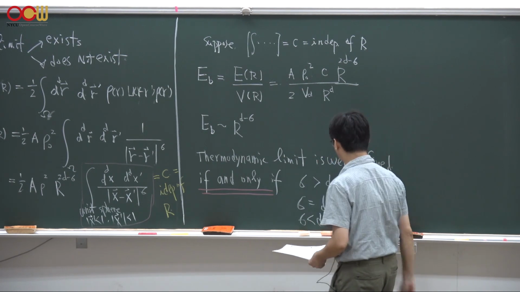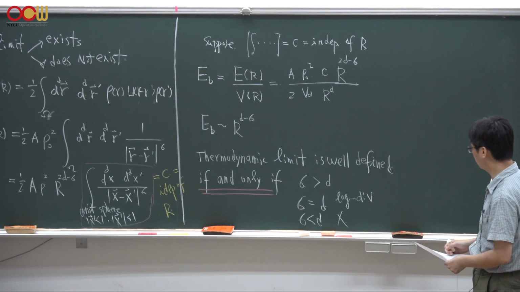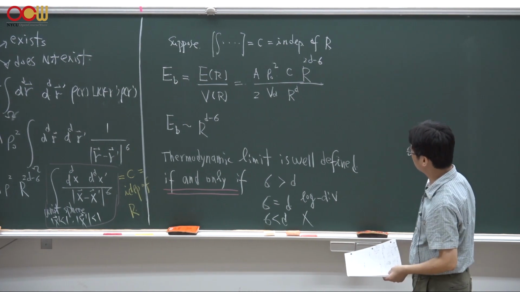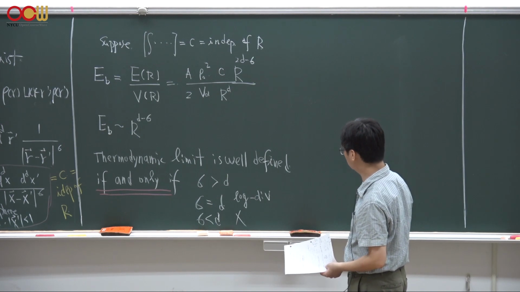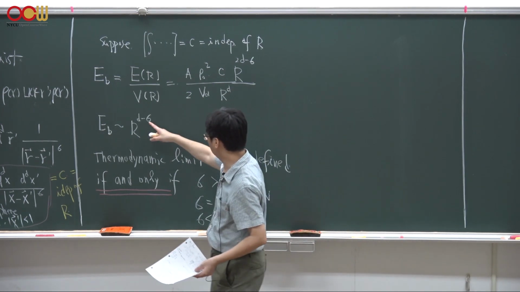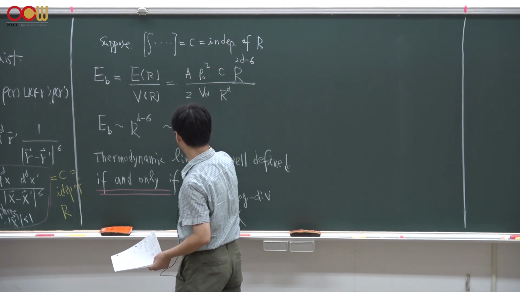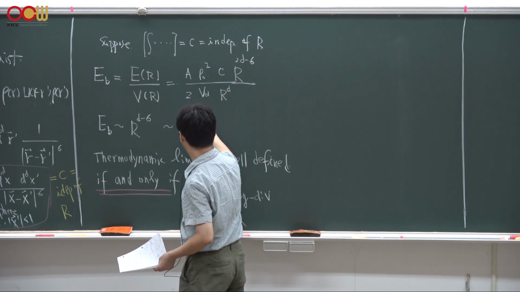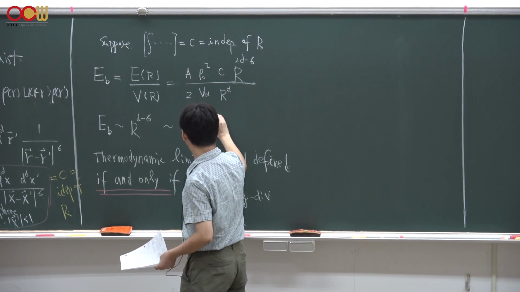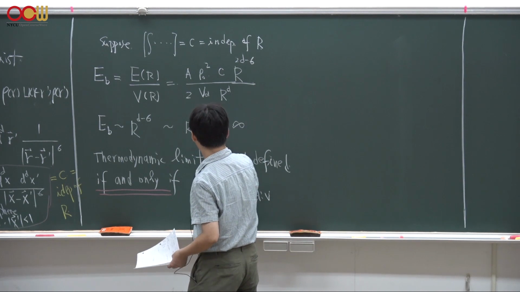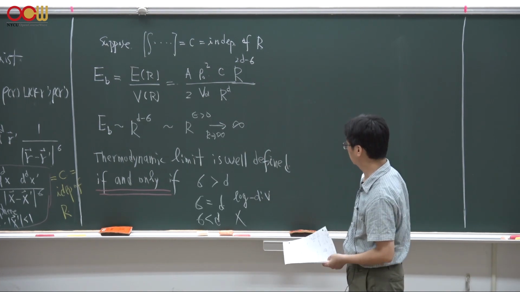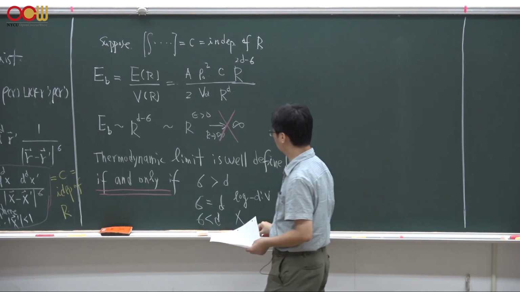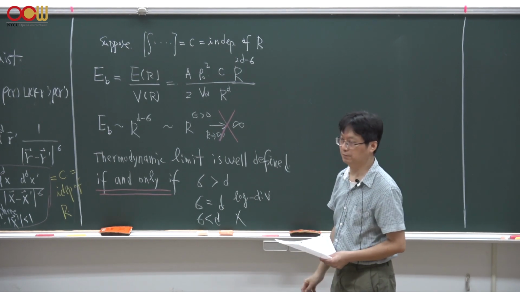For sigma equal to d, this is a critical case where the bulk energy density shows logarithmic divergence as a function of the radius. What happens when sigma is less than d? It is proportional to R to the power of epsilon, which is positive. So when R goes to infinity, the bulk energy density goes to infinity as well, and this rules out the existence of the thermodynamic limit.